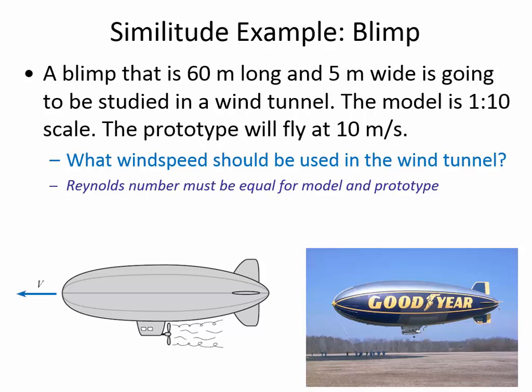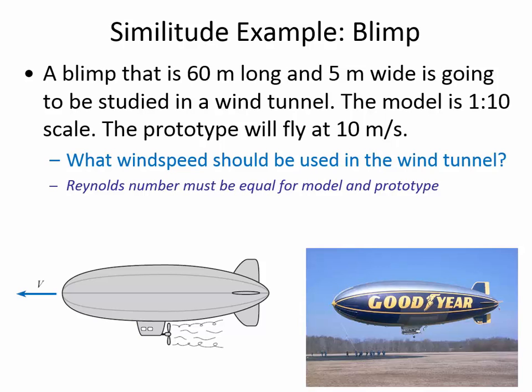Okay, so I've just moved that to the numerator and these two to the denominator, and we're left with some expression that's going to allow us to calculate the velocity of the model. So let's put in all the parameters that we know. In this case, air is being used for both the prototype and the model, because it's saying what is the wind speed that should be used in the wind tunnel.